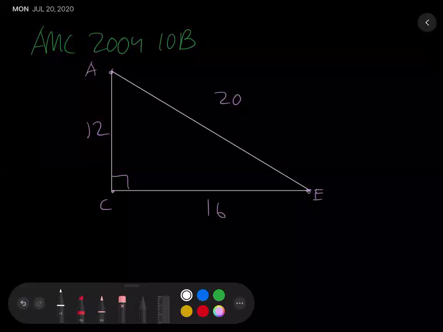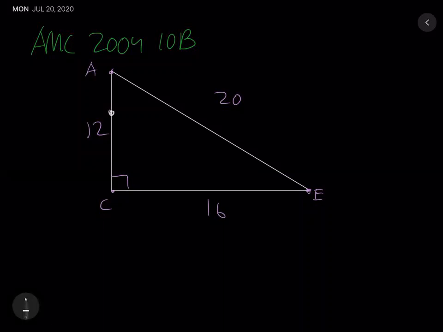Point D is located on CE. So maybe like right here, for example. Point F is on EA. So maybe like right here. Such that AB is 3, CD is 4, and EF is 5.